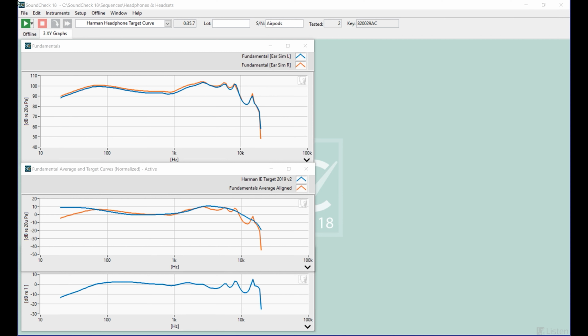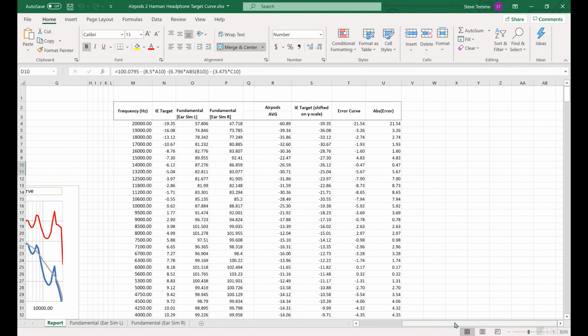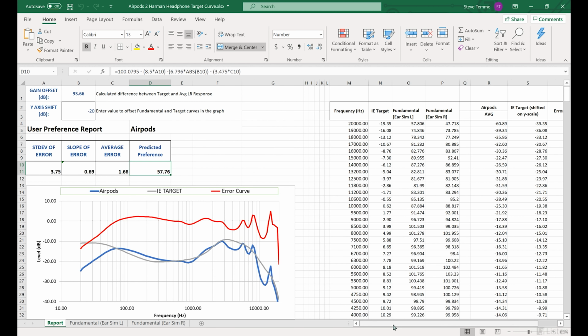I think I'm going to have to switch screens and share the spreadsheet. So now you see the raw data that SoundCheck exported to Excel. And if I scroll left, you now see the preference rating based on the measurement.